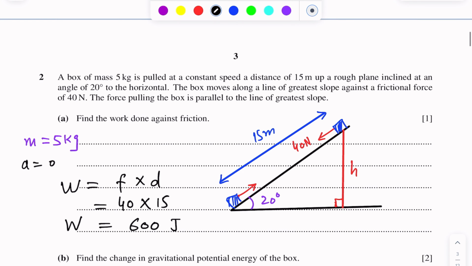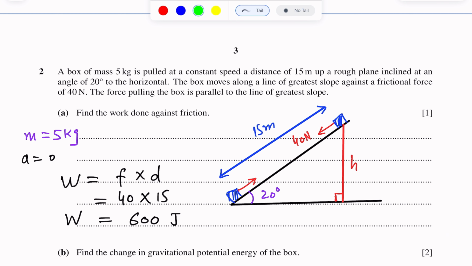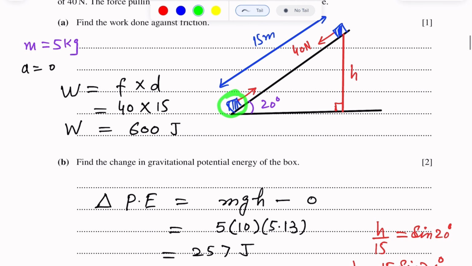Change in mechanical energy means final mechanical energy minus initial mechanical energy. First we will find the mechanical energy at the bottom and the mechanical energy at the top.